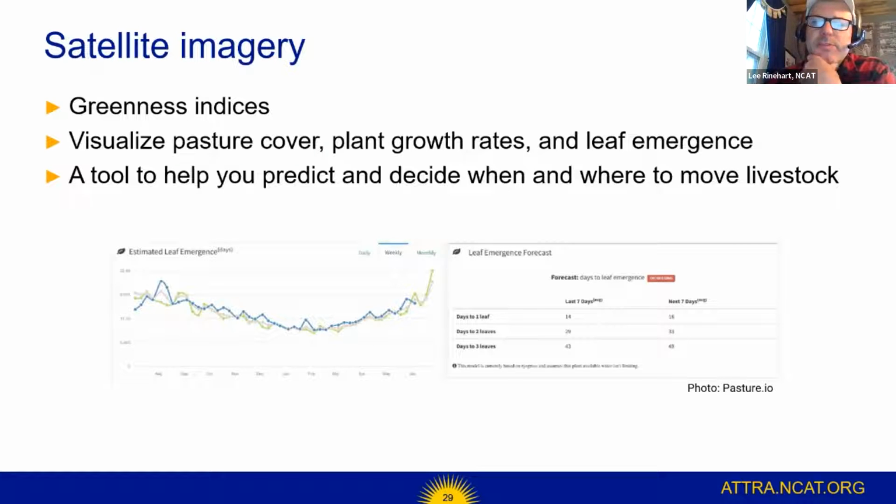And it makes the images a lot more meaningful. So that's one of those things that the more you use it, the better it becomes. So with those, you can visualize pasture cover, plant growth rates, leaf emergence, and things like that. So those can be good tools as a part of your monitoring program.